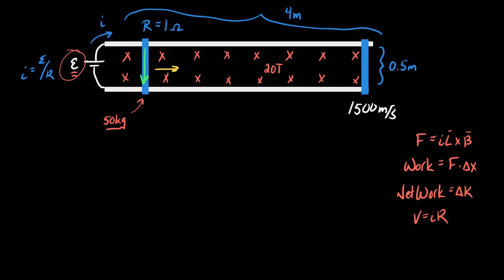If I were combining all these things together, trying to find the right direction, I would start with net work, because net work equals change in kinetic energy. The object goes from 0 kinetic energy to a kinetic energy equivalent to 1,500 meters per second. So it looks like 1/2 m v final squared minus 0 is going to equal force times delta x. The force is going to be I L cross B times delta x.